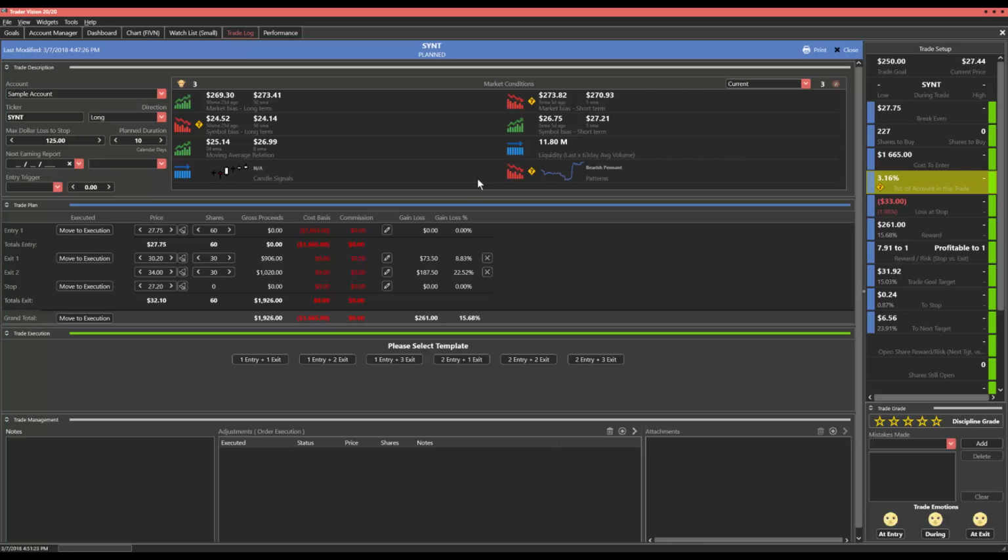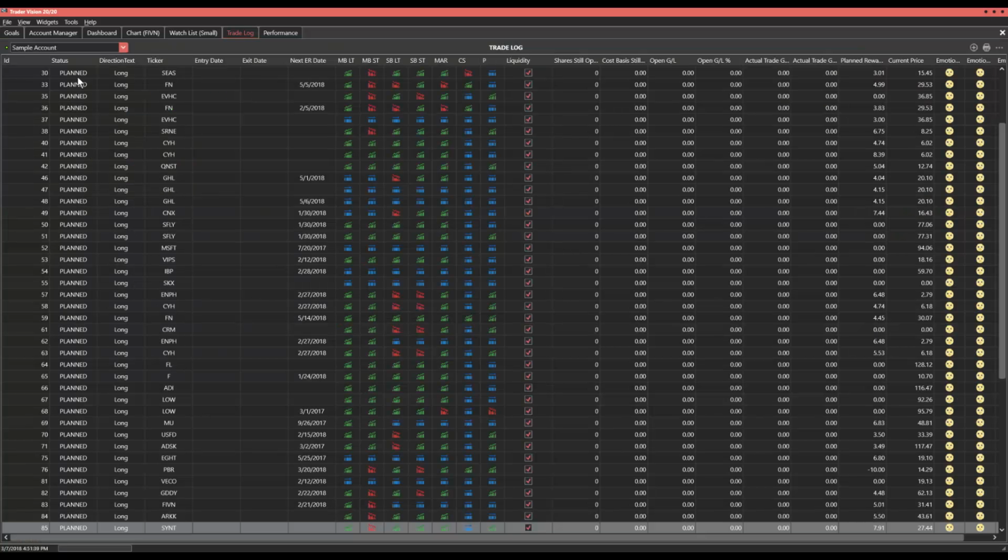So if you're looking for a signal to enter, again, I was looking at entering 27.75, so it's above where we're at today. So yeah, that's how you look at it. And you'll notice I've got a ton of planned trades in here. First of all, it's a demo account, and so I don't follow through on a lot of these things.